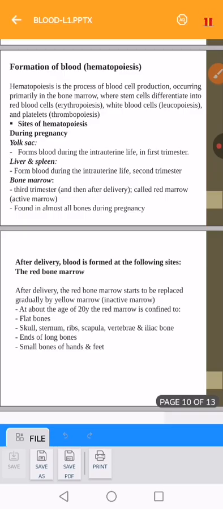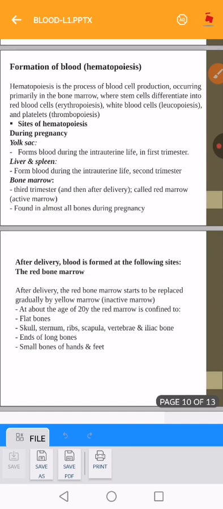This is complete by the age of 20 years. That means when the person becomes an adult, the red bone marrow is found only in the flat bones: the skull, sternum, ribs, scapula, vertebrae, and iliac bone, the ends of long bones, and the small bones of the hands and feet.